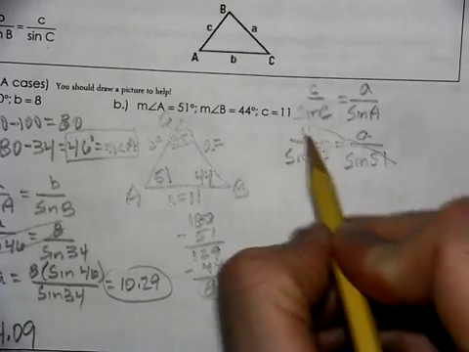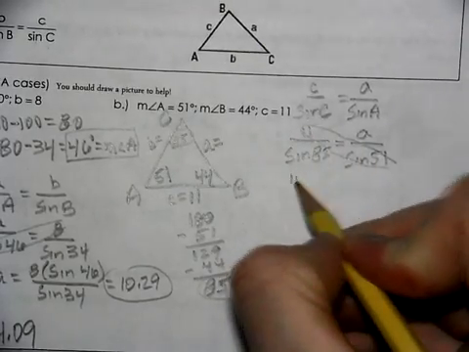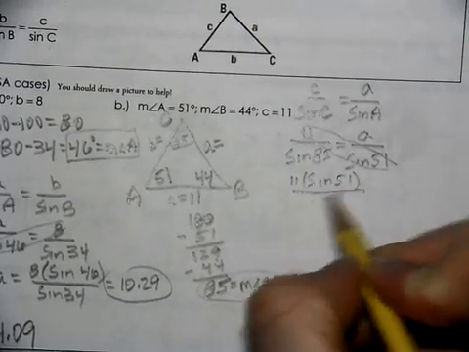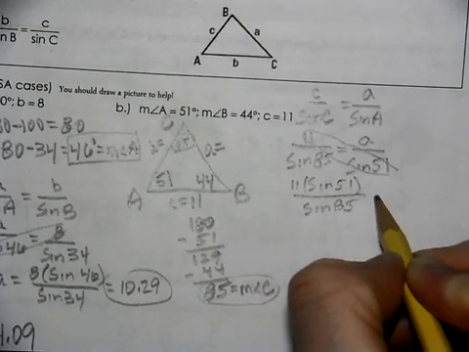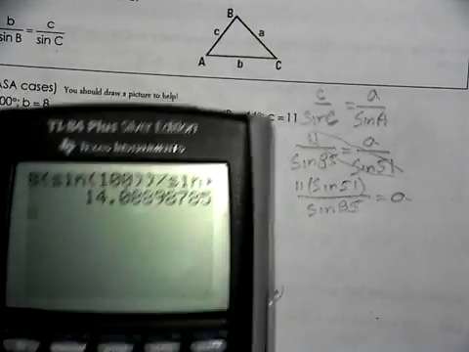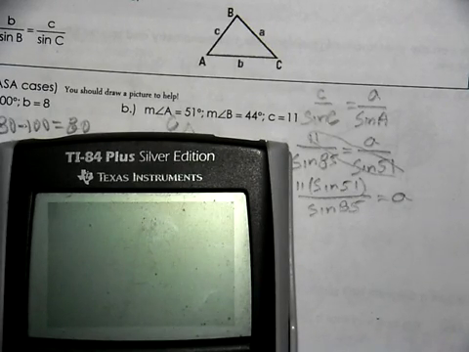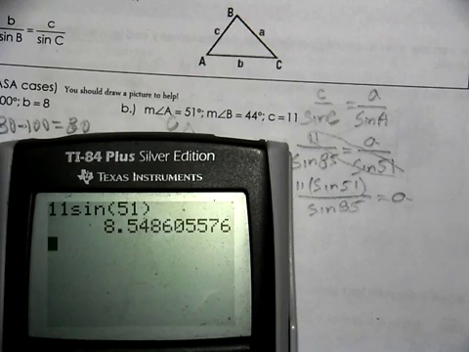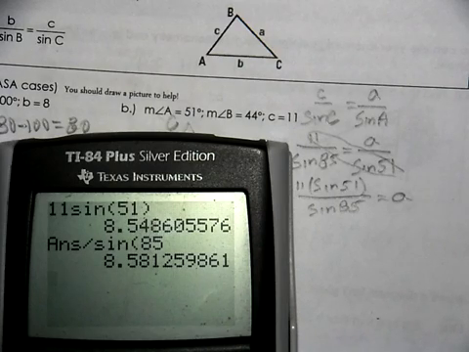To calculate the value of side A, we get A by itself, and using your calculator, we would say 11 times the sine of 51 divided by the sine of 85. And that would give us 8.58.